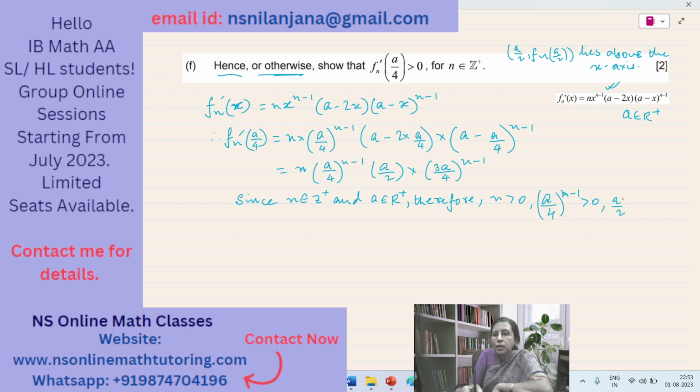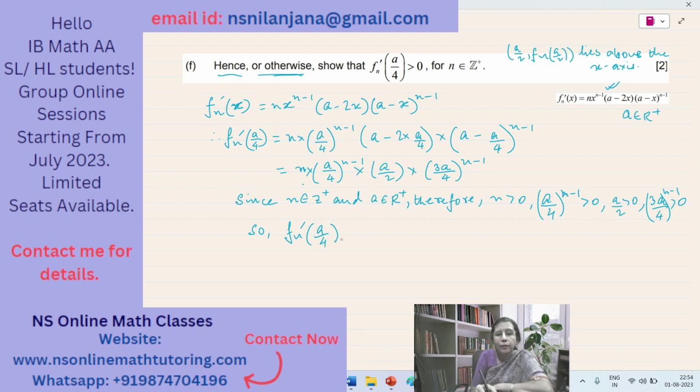A over 2 is greater than 0. And 3a over 4 to the power of n minus 1 is greater than 0. Okay. So, all of them are greater than 0. So, if you just multiply some positive numbers, the product will be positive.